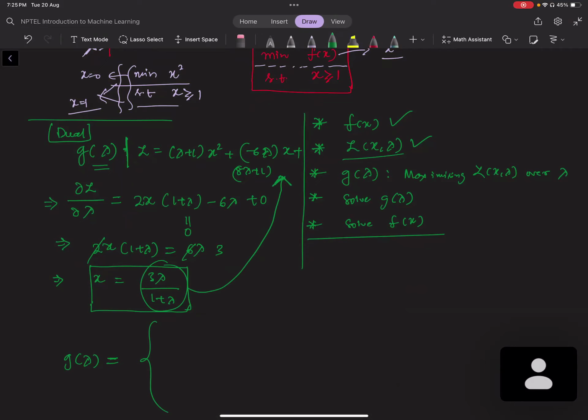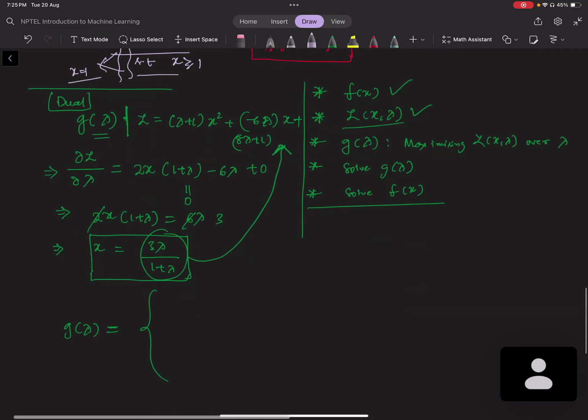If I put it there, it will be lambda plus 1 times x square, where x is 3 lambda by 1 plus lambda, squared.